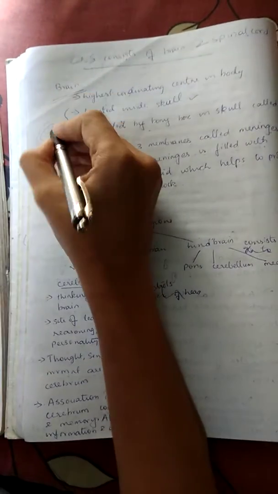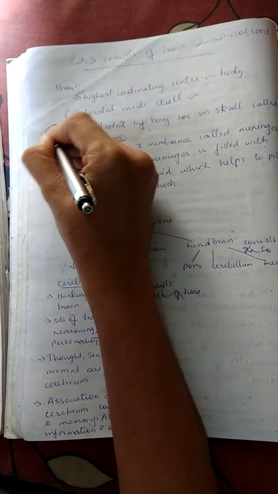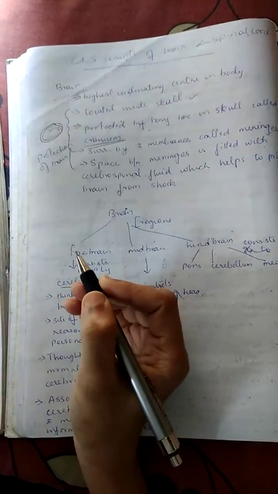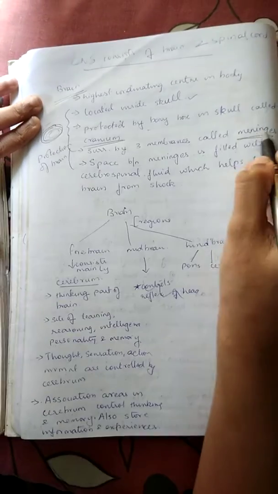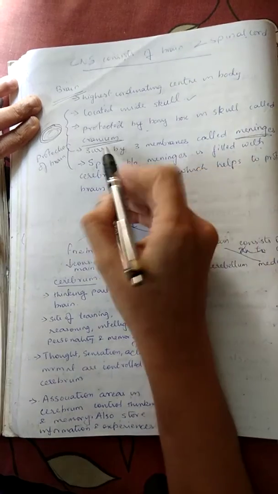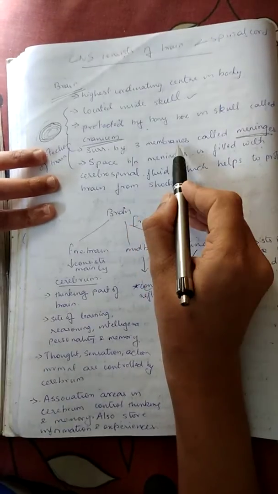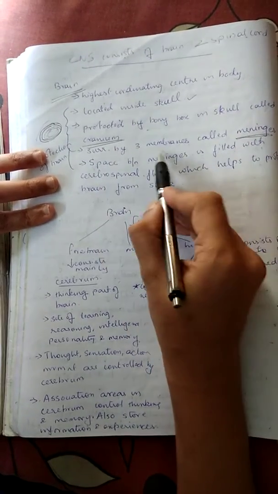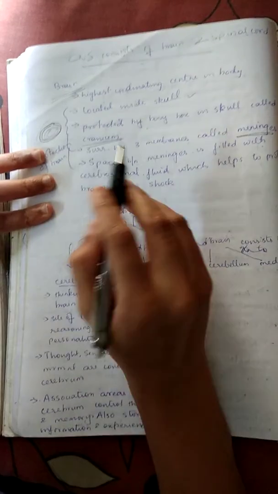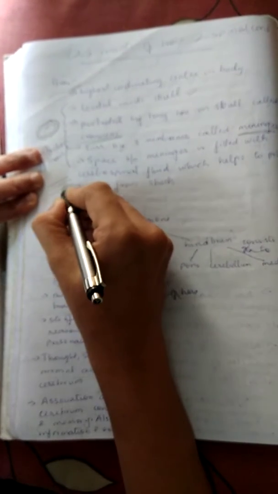And moreover, inside the cranium there are three layers of membranes. Those three layers of membranes are known as meninges. They also protect the brain. And between the meninges, there is a fluid.